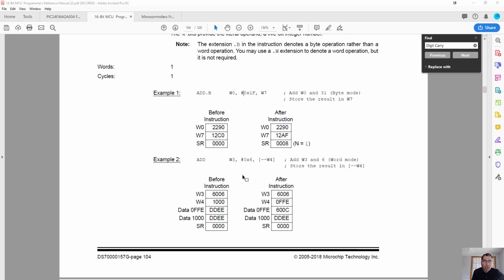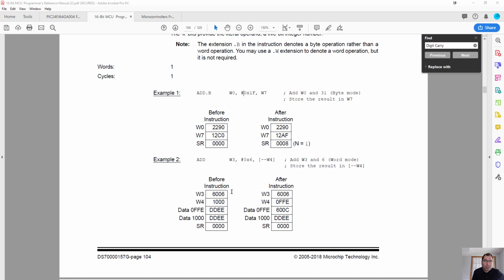Remember, in this case this is indirect addressing, so W4 holds the address for the location, right?